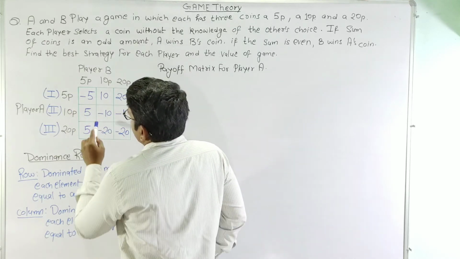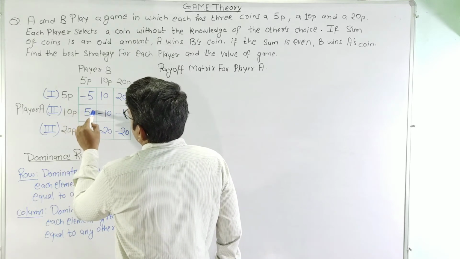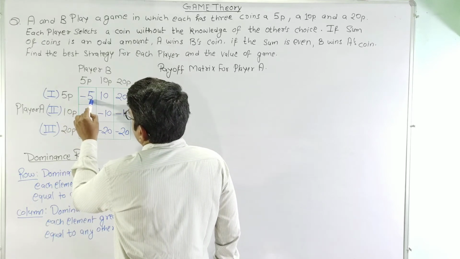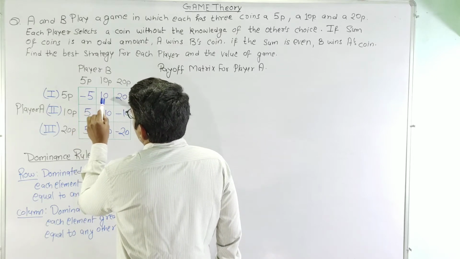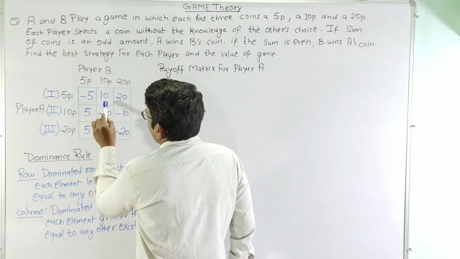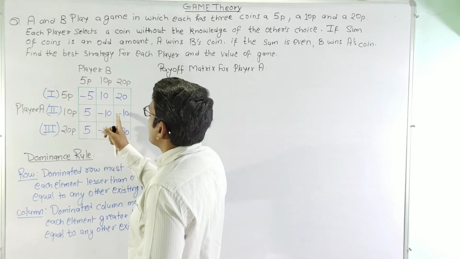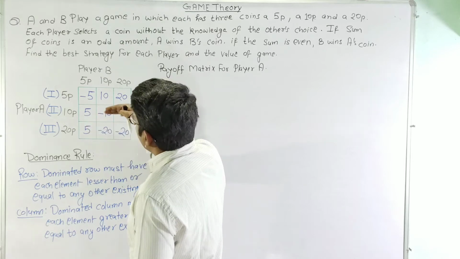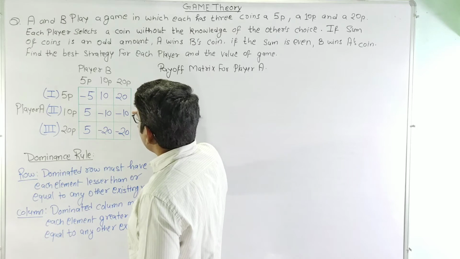Here we can see that strategy 2 is greater than strategy 1 for the first element, that is, 5 is greater than -5, but here -10 is lesser than 10. That means each element is not greater, so dominance is not possible among 1 and 2.